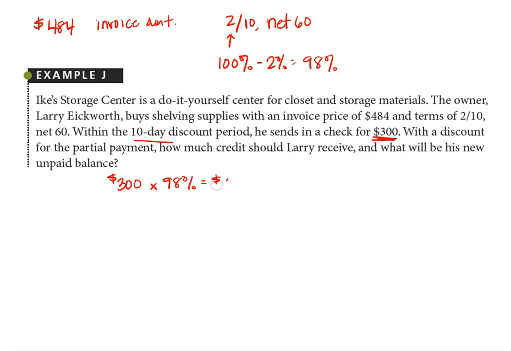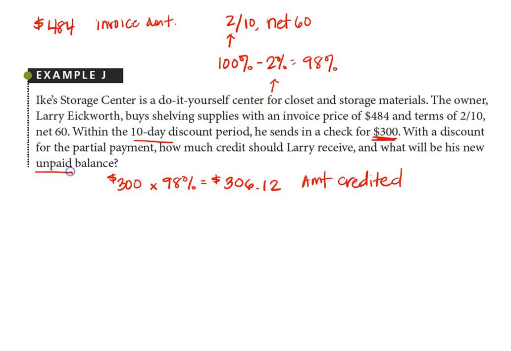Rounded to the nearest cent is $306.12. Okay, so this is the amount credited. So even though he only paid $300, he was credited for $306.12 because of that 2% discount that he received.